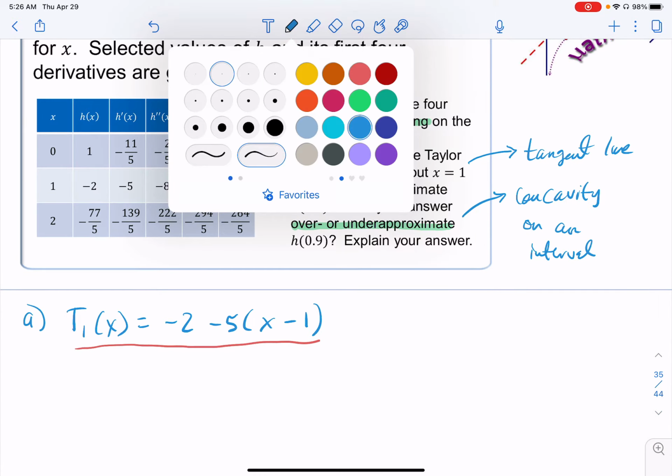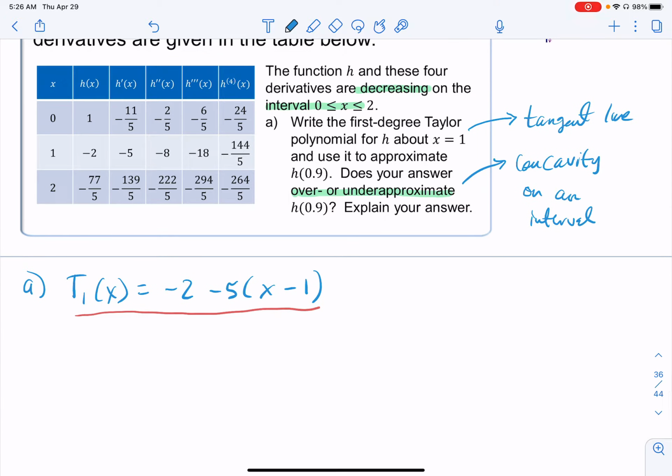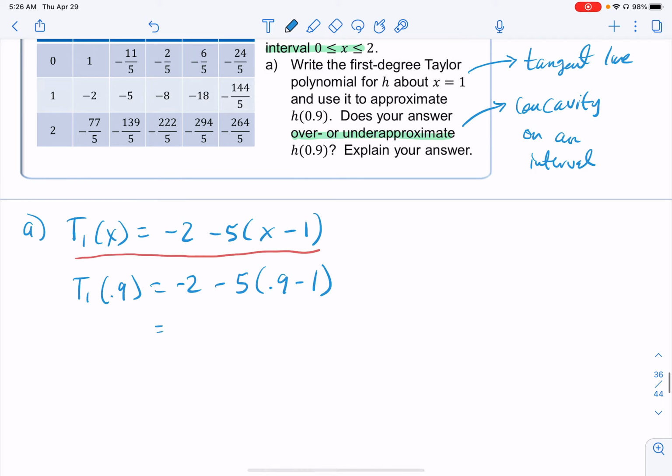Now we have to use our tangent line to approximate h of 0.9. So we just plug that in. -2 minus 5 times 0.9 minus 1, and this is free response, so you're more than welcome to stop right there. I think I'm going to go ahead and keep going, though. -2, I love arithmetic. In the parentheses here, we would have a -0.1, which essentially just moves this decimal place over 1, and then we cancel out our signs.